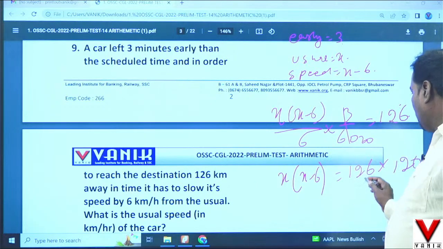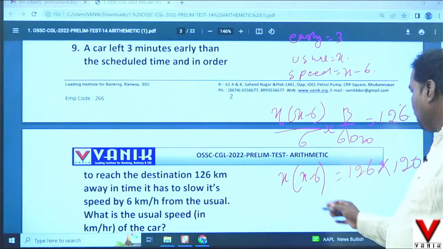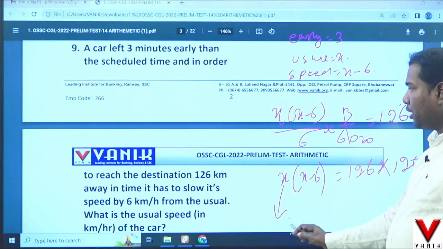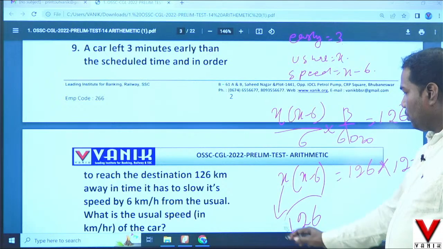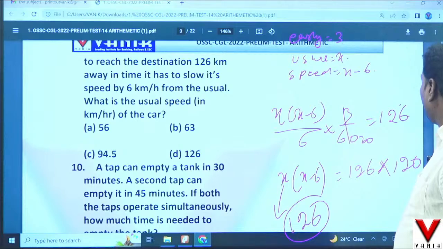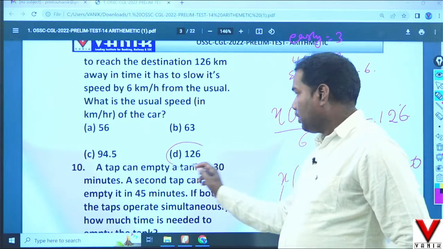So 126 into 120 is x into (x minus 6). So the x value is equal to what? 126. So the speed of the car is 126 km per hour. Option D is our correct answer.